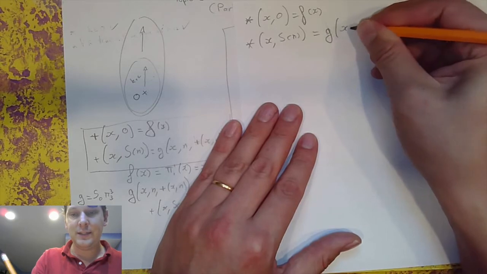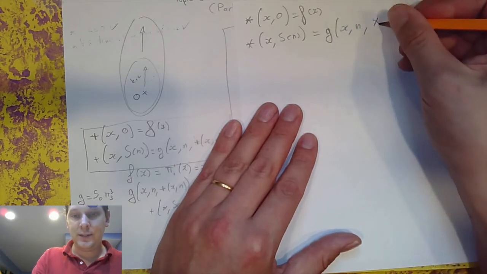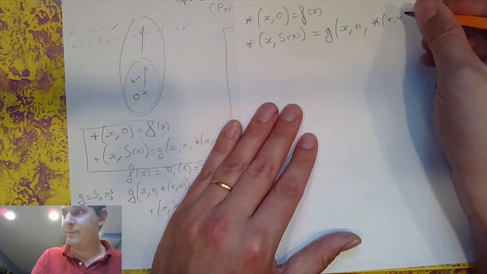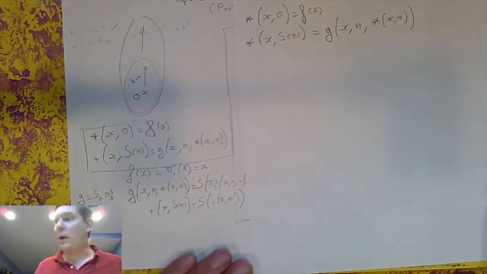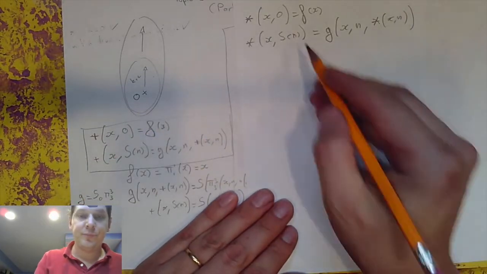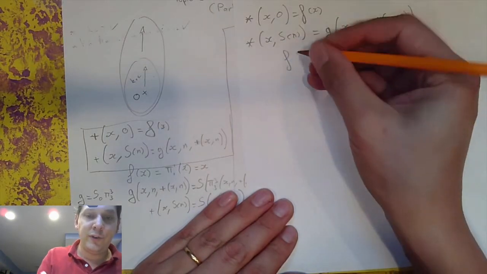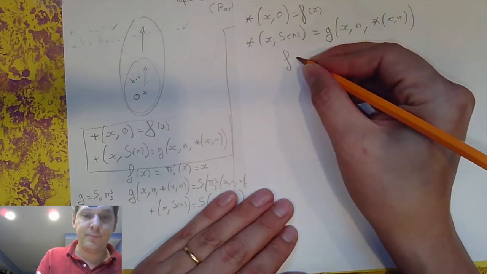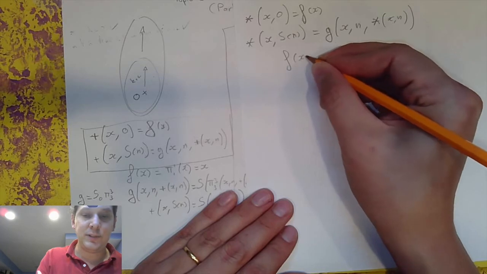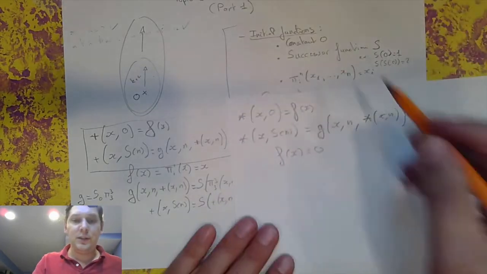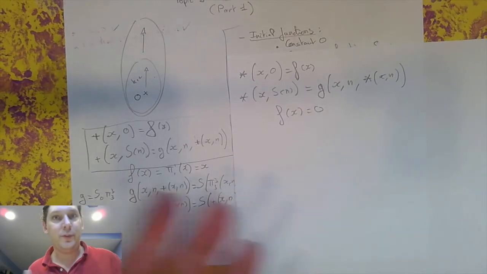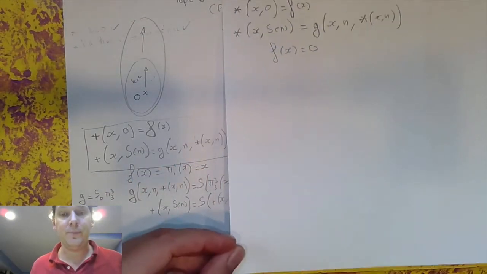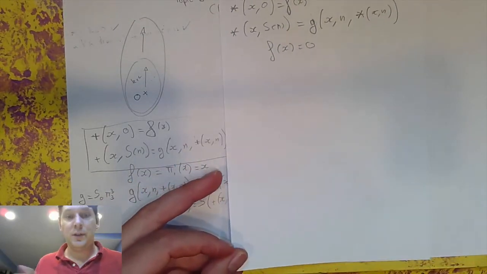Star x, successor of n equals g of x, n, star x n, right? So how are we going to define f? Well, f of x equals 0. And I do not need more than that here. 0 is a constant. 0 is in itself a recursive function by definition.